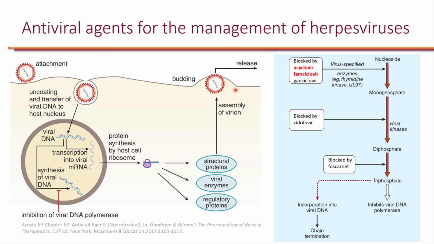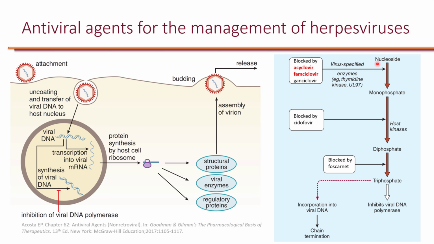Now, one thing that's important to consider is that before they can actually be incorporated into the DNA, they need to be converted to the active form. So they depend on the thymidine kinase enzyme that comes with the virus. Herpes virus has this enzyme. So acyclovir needs to be phosphorylated by this enzyme.